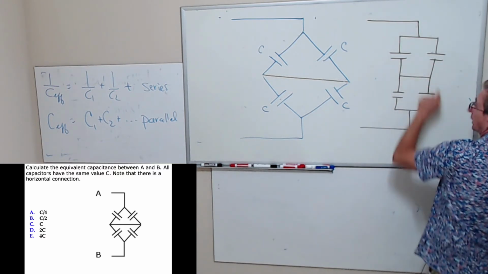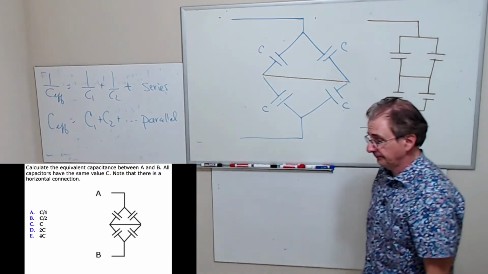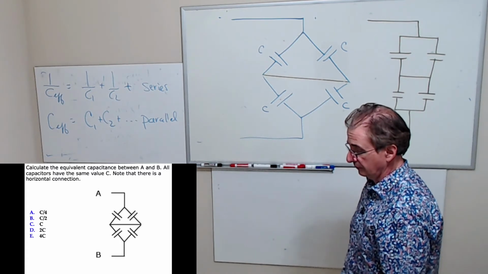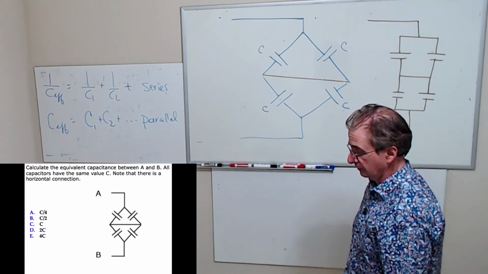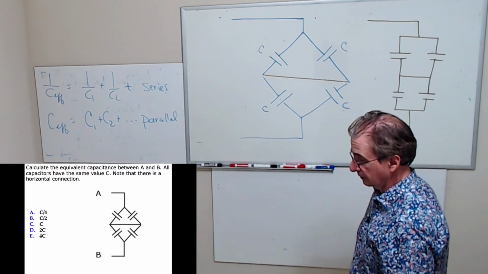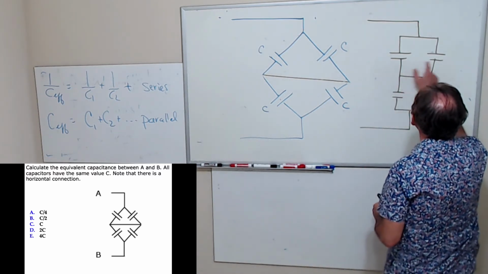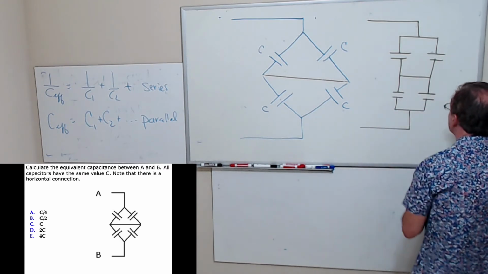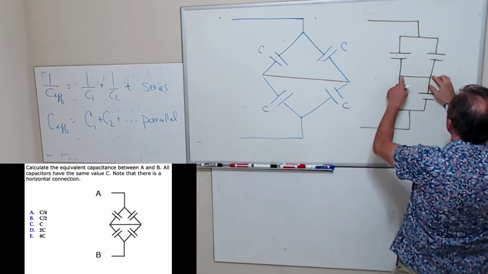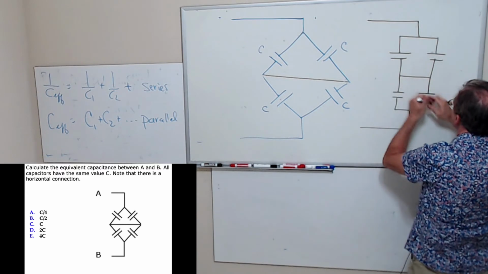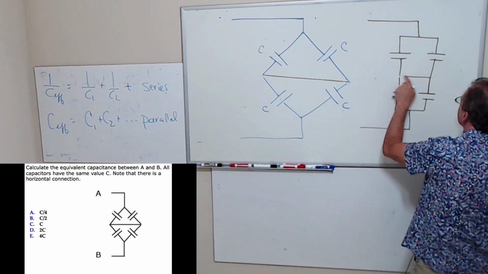These two, how are they connected? Aren't they connected in parallel? These two are connected in parallel, and then these two are connected in parallel. Remember, this wire might look confusing, but I could, if I want to, do this.